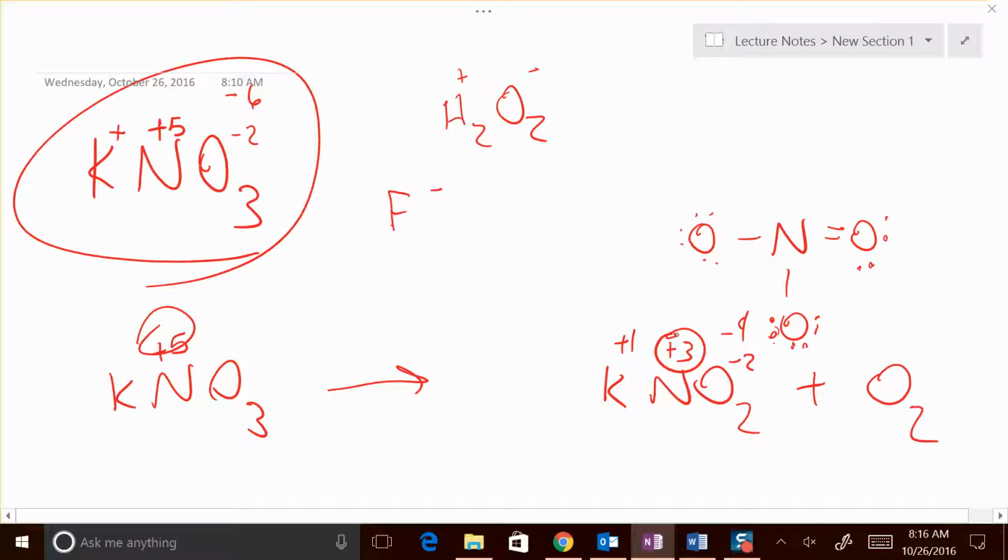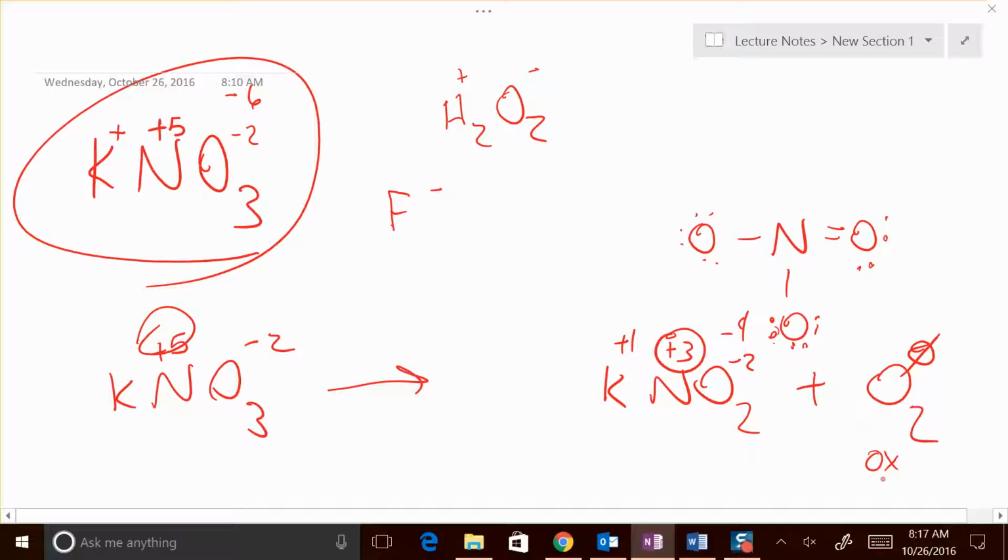So I have to be able to do this sometimes in a chemical reaction to identify what was oxidized and what was reduced. What did oxygen do? It went from -2 to what? 0. So if that's the case, what was oxidized? Oxygen lost electrons, so it was oxidized.